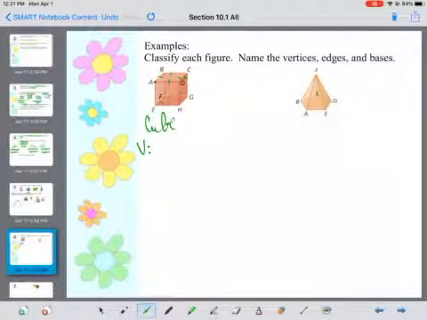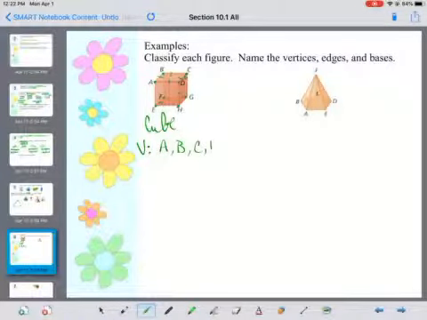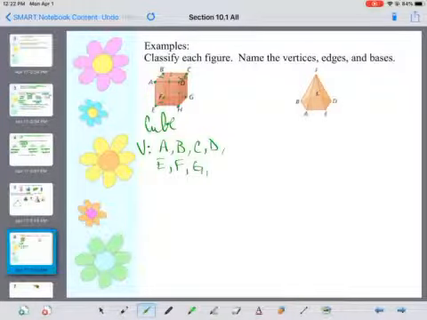So here's 1, 2, 3, 4, 5, 6, 7, 8. So we need to name 8 points. So point A, point B, point C, point D, point E, point F, point G, and point H. Notice I have to have the commas if I'm listing points. Without the commas, I've just named an octagon.